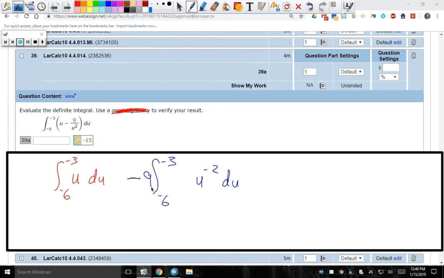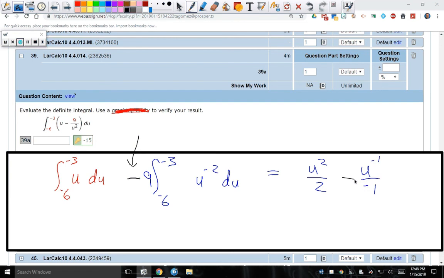Now, this is constant multiple rule, so you could put this 9 here. So now we're going to do the reverse power rule. U becomes u squared over 2, and u to the -2 becomes u to the negative 1 over -1. And remember, this sign is still going to be the subtraction going on right here.